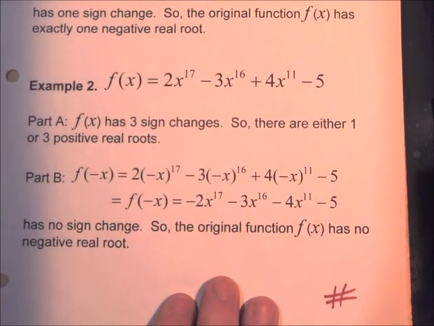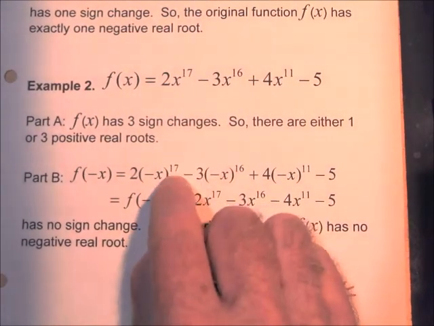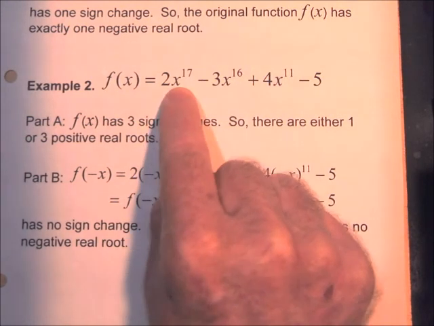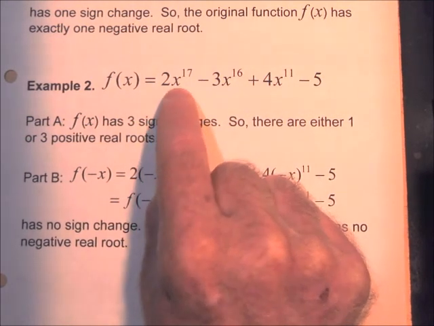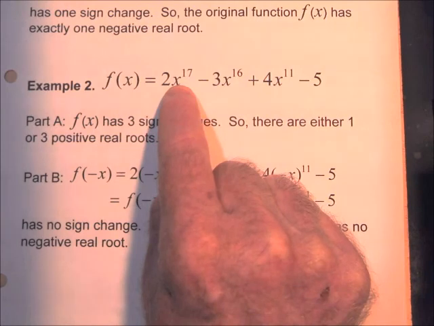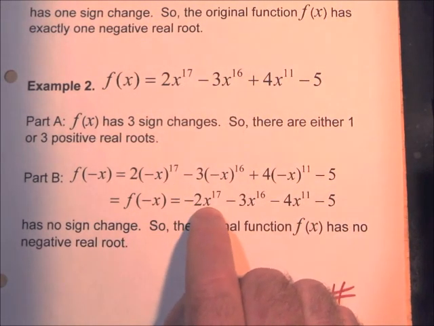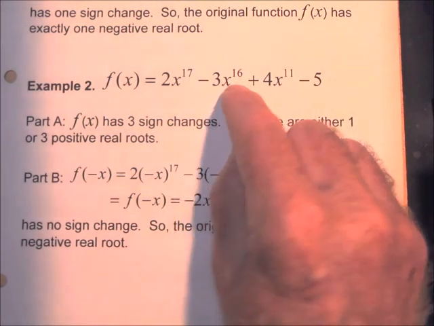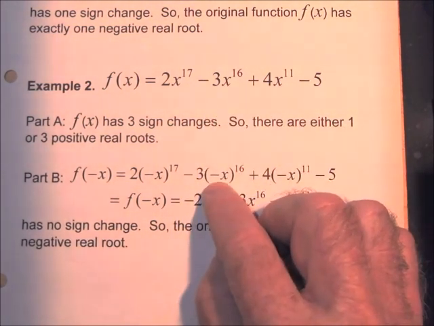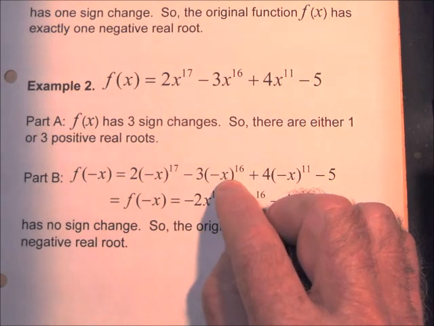Part B: f of minus x. If you replace x by minus x, we have negative x to the 17th power. A minus sign to the 17th power is going to be negative, so that'll be negative 2x to the 17th. Then we have negative x to the 16th.